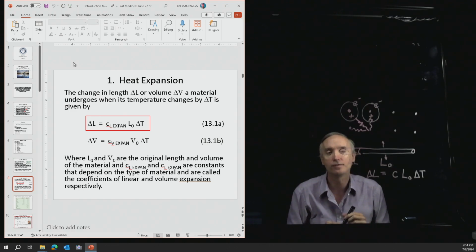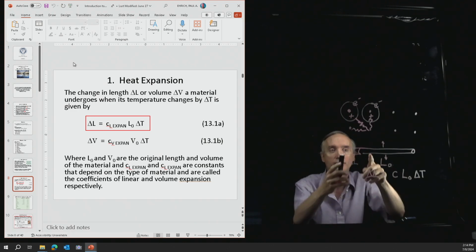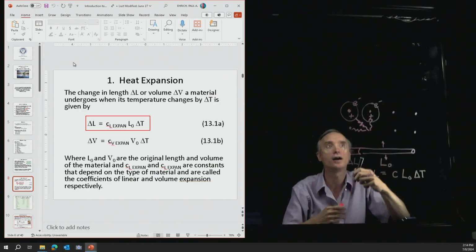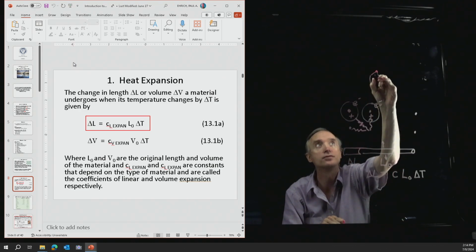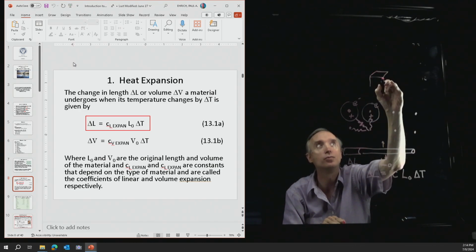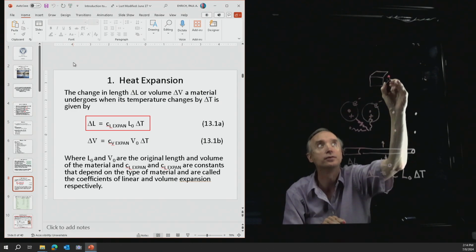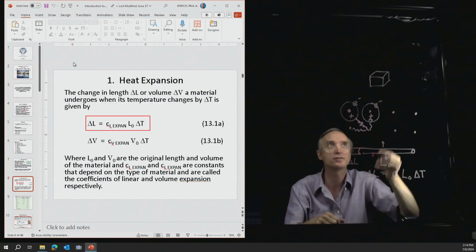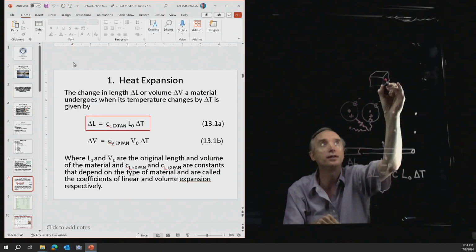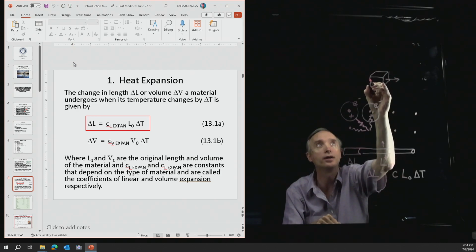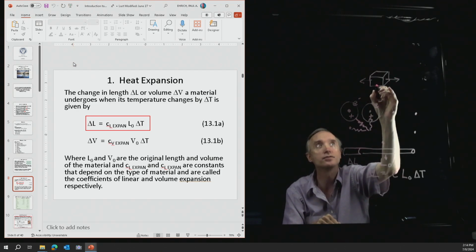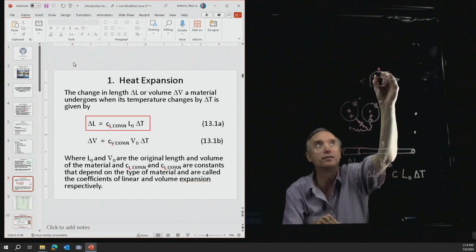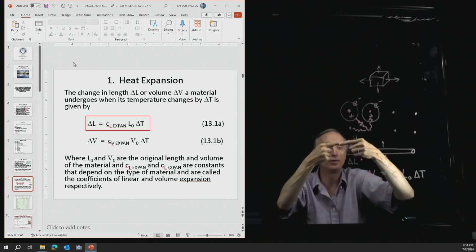Now, we could also have a situation in which instead of having a rod, maybe you've got a cube. So something that is more three-dimensional like this. And so what's going to happen is as we change its temperature, not only is it going to be expanding this way and this way, but it's also going to expand this way, and then also in and out.